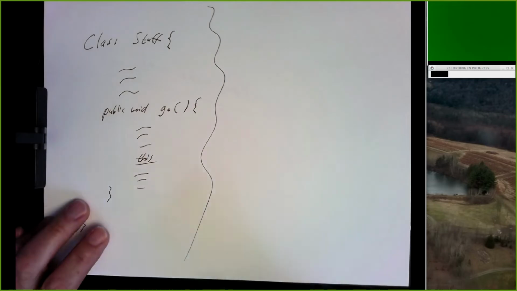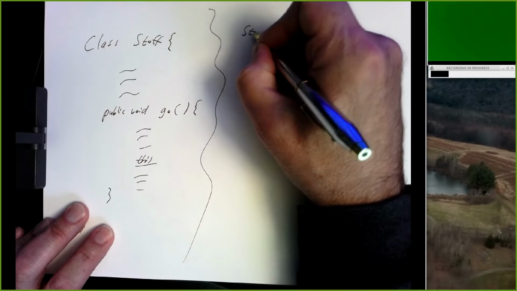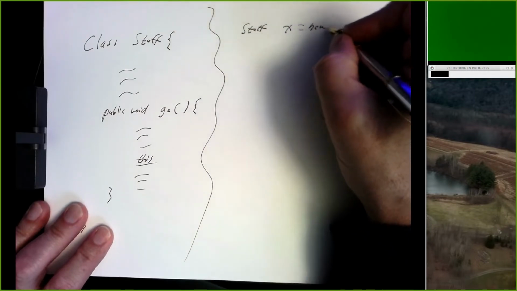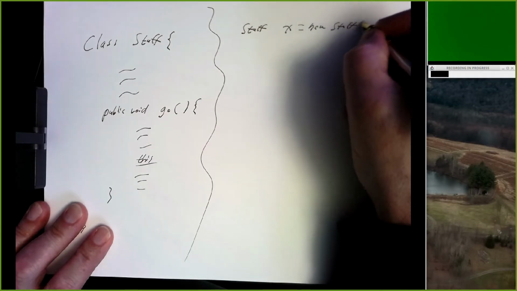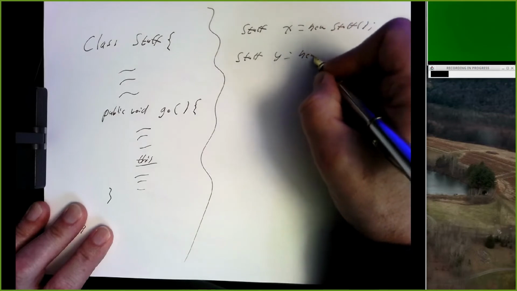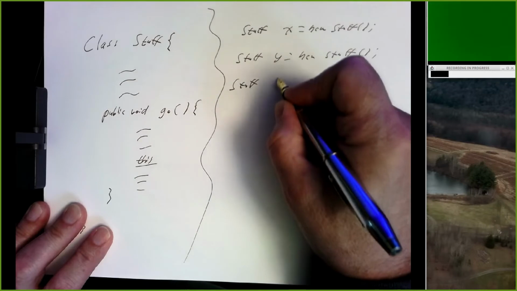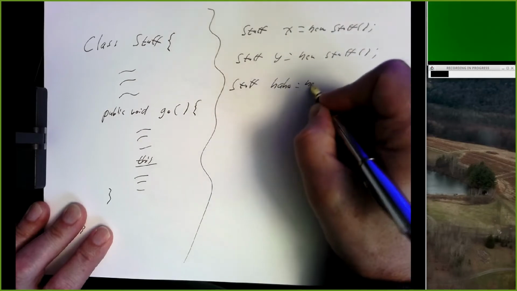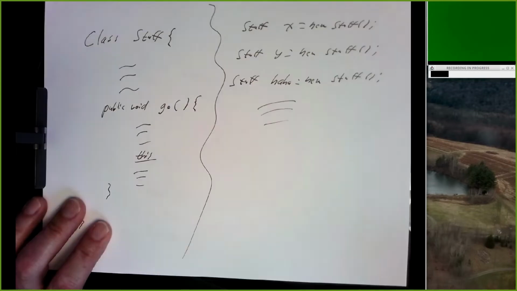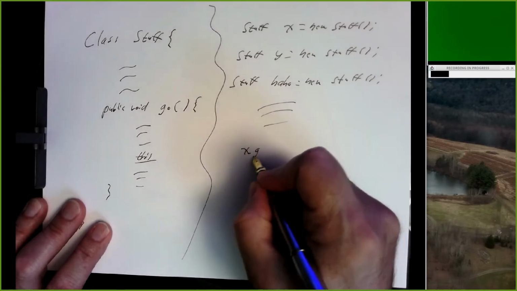Okay, what does this mean? Suppose in my main program I say something like, stuff x equals new stuff. And I say stuff y equals new stuff. And I say stuff haha equals new stuff. And I do some stuff. Now suppose at some point I make the statement x.go.